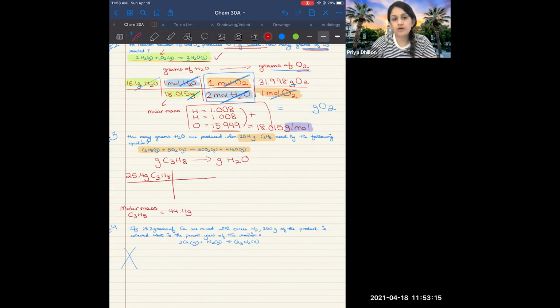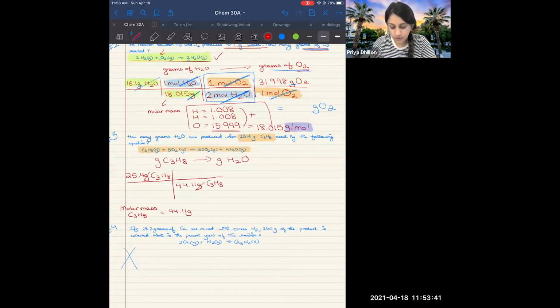Okay, so can you tell me where I will put this molar mass? On the top or the bottom? On the bottom, yes, because we want to get rid of these grams.